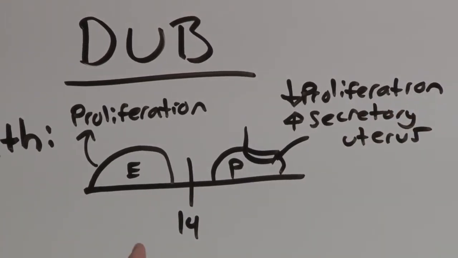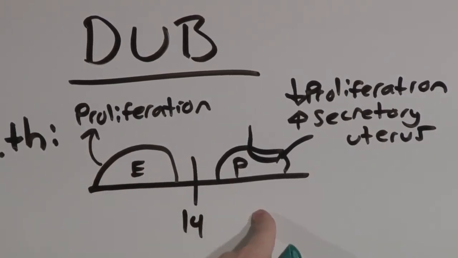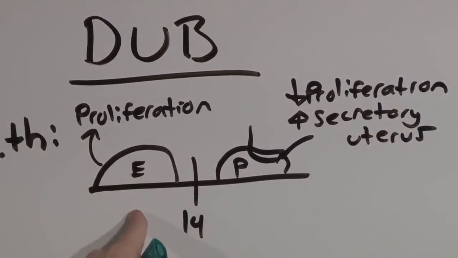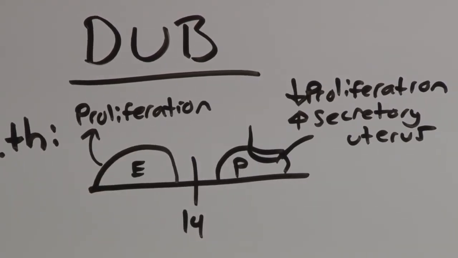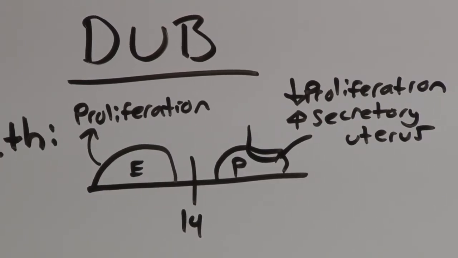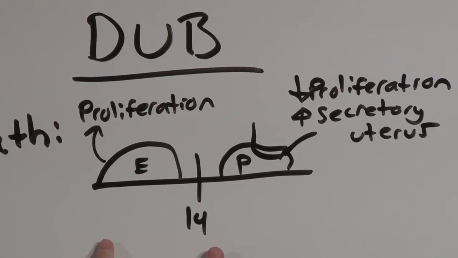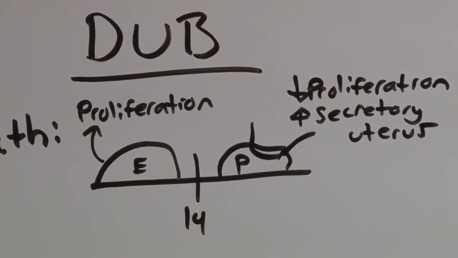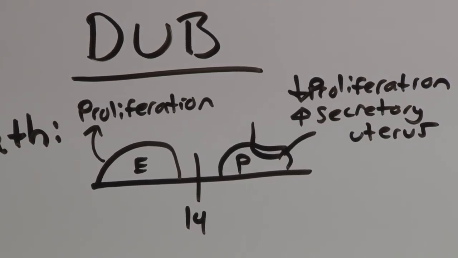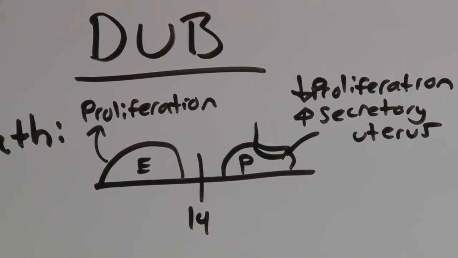Which means that if there was no ovulation, there'd be no switch from estrogen to progesterone. It'd be primarily estrogen, primarily proliferation. And eventually, the endometrial lining gets so large that it simply outgrows its vascular supply and sloughs off. And rather than doing it at scheduled periods every 28 days, instead it just happens whenever it happens to get too big. So it'll happen in between normal cycles because there is no cycle occurring, because there is no ovulation.